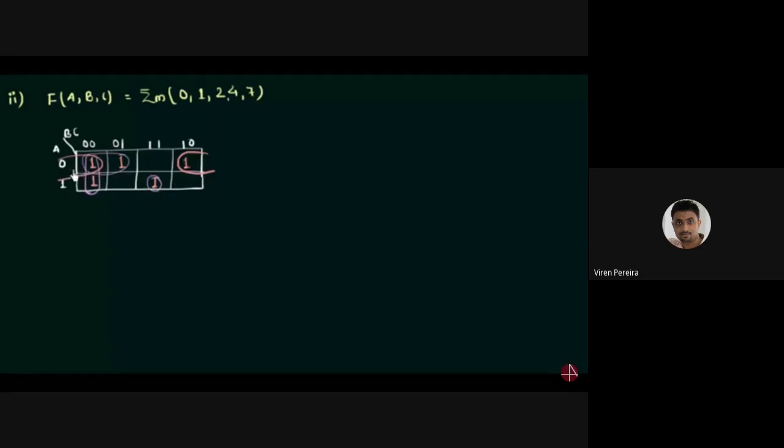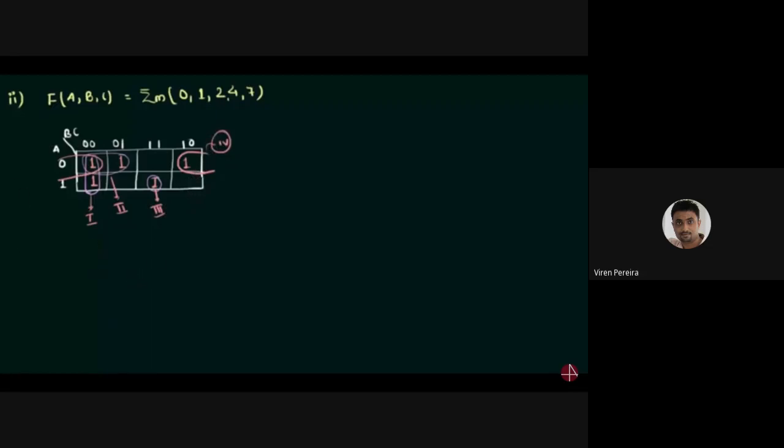You can see A is same in both the cells and also C is same, 0 0 in both these cells, but B is changing, so only one variable is changing. That's why we can pair them up in this way. So let's give the name to it. This one is your first pair, it is your second pair, it is your third pair, and the last one is your fourth pair.